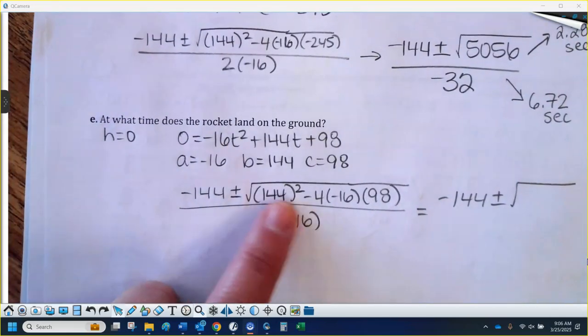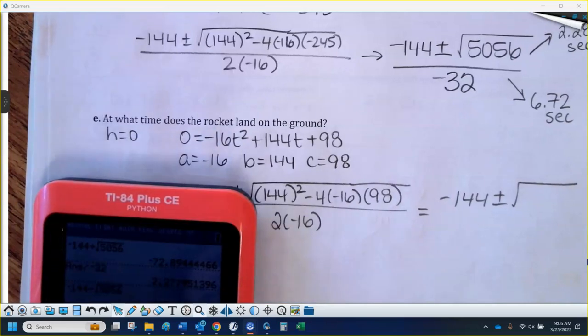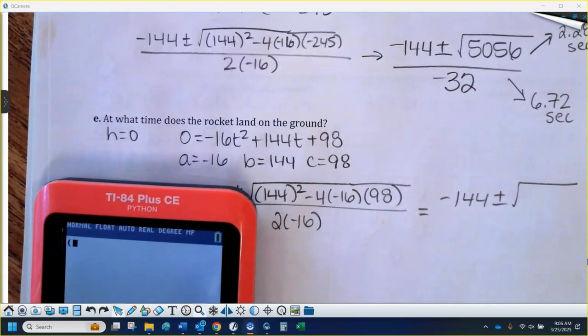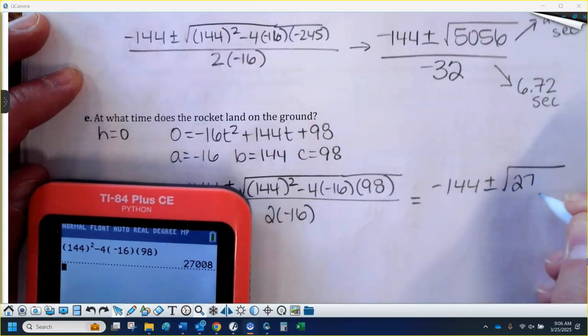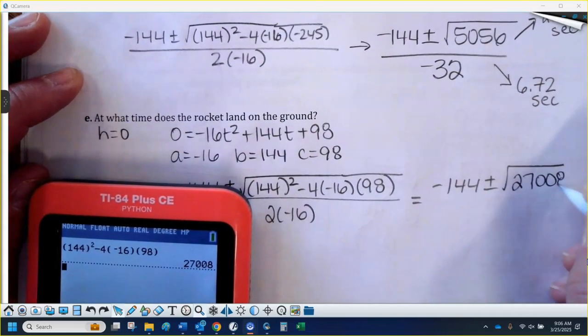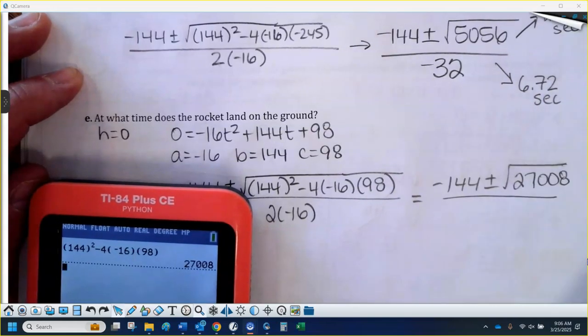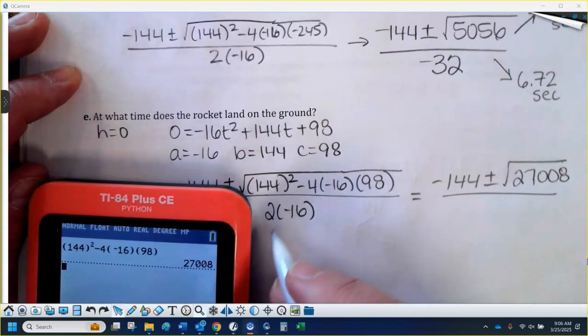Just simplify that 144 squared minus all that. So we're going to do 144 squared minus 4 times negative 16 times 98. This is a huge number here. Okay, 27,008. The bottom of that fraction is just going to be the same as last question.